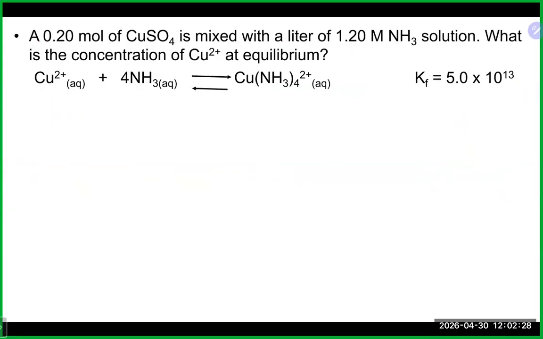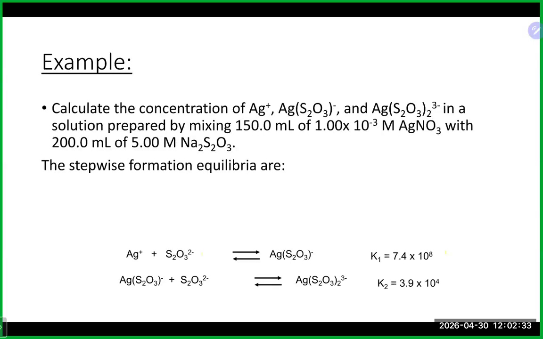Any questions on that one there? All right, let's take a look at another problem here. That's the same problem. Let's take a look at a different one. Calculate the concentration of everybody in a solution that's prepared by mixing 150 milliliters of 1 times 10 to the minus 3 molar silver nitrate with 200 milliliters of 5 molar Na2S2O3.